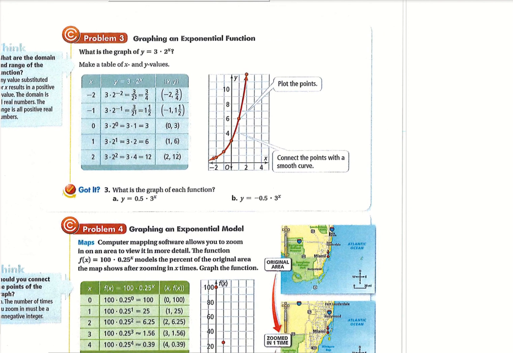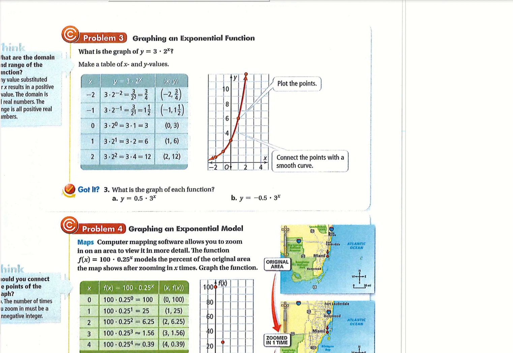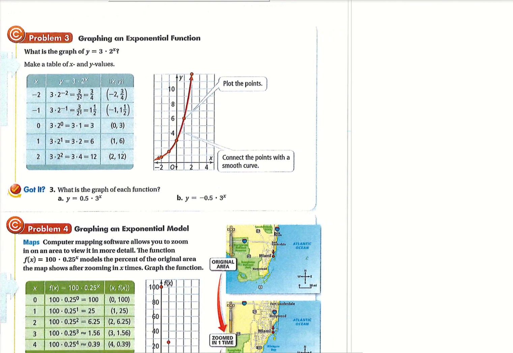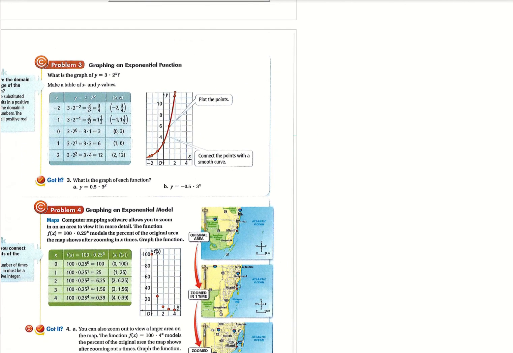All right, so graphing an exponential function really just works the same way as graphing any other function that we've done, right? So I'm not going to go into too much detail on this. But if we have the graph of y equals, let's go with just 2 to the x, right?